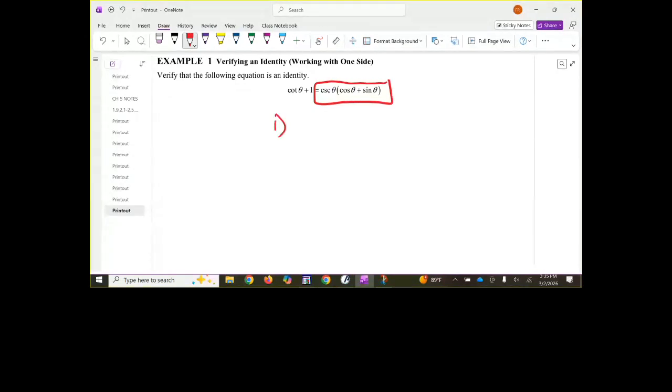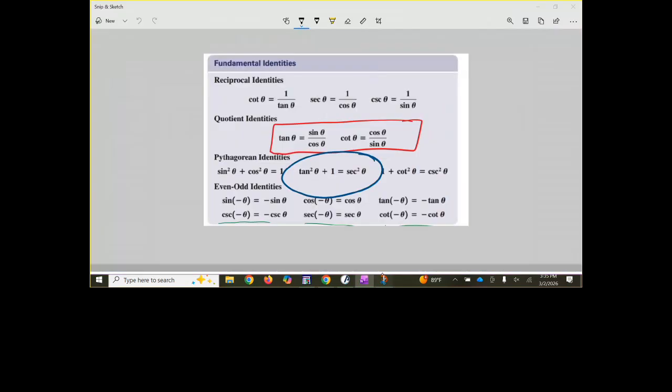So y'all, this is what I'm going to do. I'm going to write step number 1. Everything here, we're going to try to write it in terms of sines and cosines. So when I see a cosecant of theta, y'all, I want you to look at what we have up here. When I see a cosecant of theta, boom, I'm going to rewrite it as 1 over sine theta.